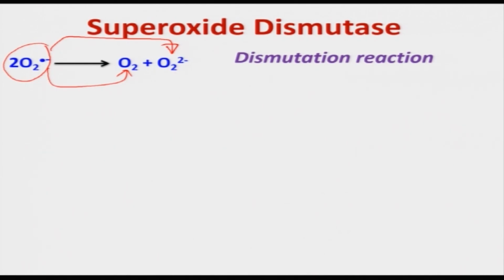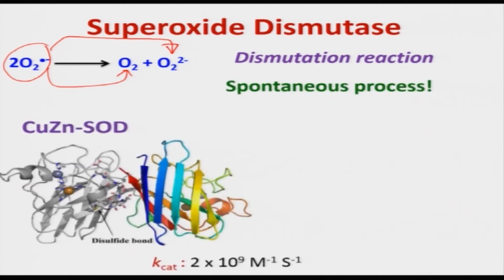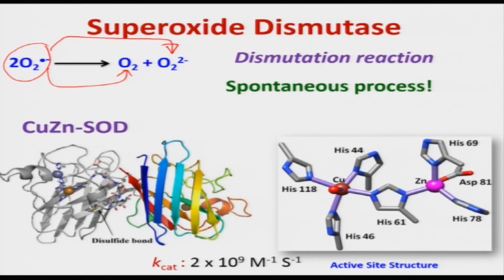Although it is a spontaneous process, nature needed to design an enzyme so that superoxide can be destroyed almost immediately, and as one can see, k catalytic is 2 into 10 to the power 9 mole inverse second inverse, a very high value. So, this has been designed by our mother nature to destroy superoxide almost immediately after it is produced in our body.